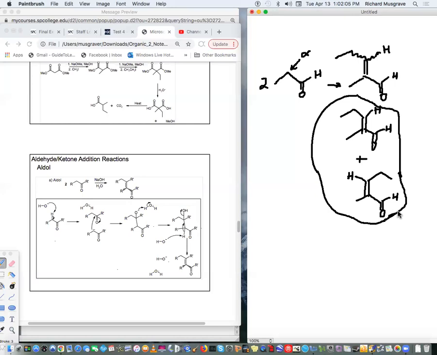And rather than writing both of them down, then I can just write this with the squiggly lines there, meaning that it could go either way. Does anybody have any questions? So that's what squigglies mean.